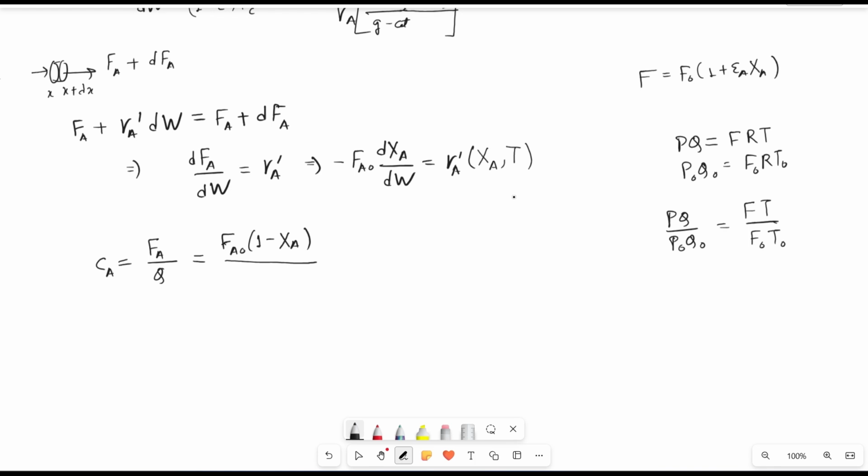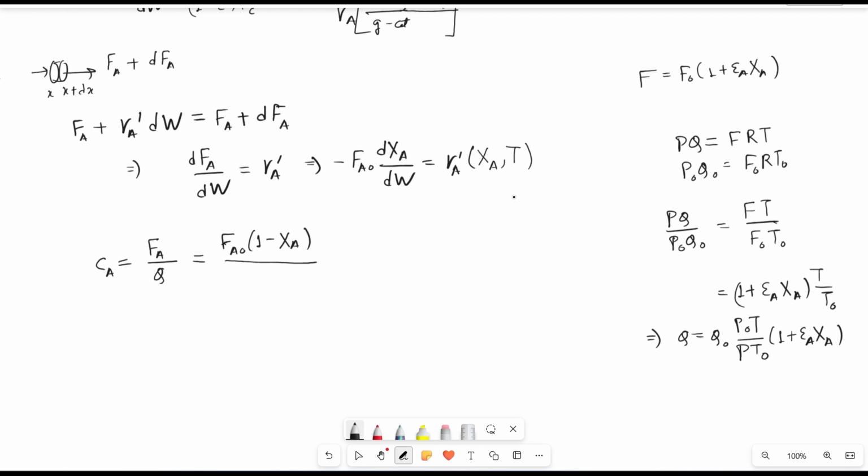So we get 1 plus epsilon A XA, T by T naught. Now Q is equal to Q naught P naught T by P T naught (1 plus epsilon A XA).